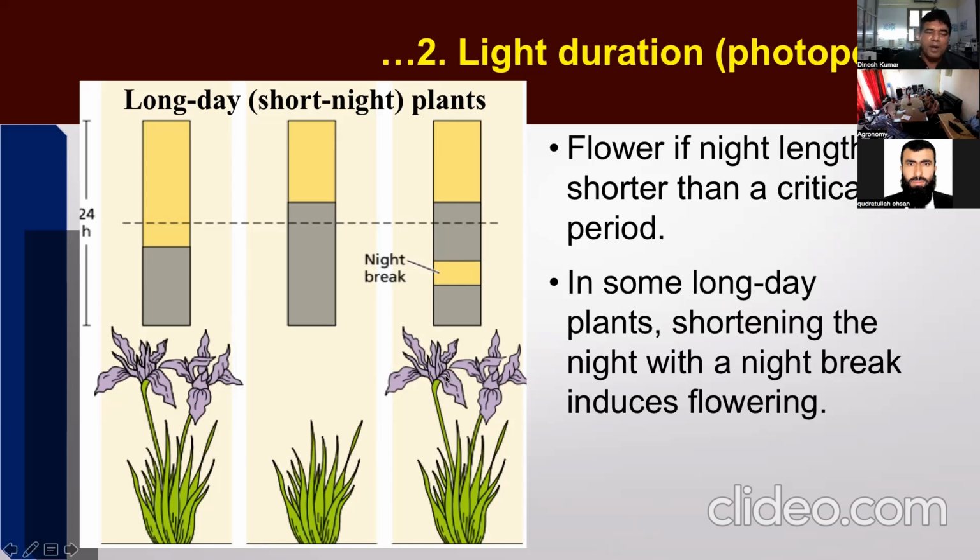So for the long day plant, if you get less light or more light, but the darkness period is continuous, you will get flowering. Second, if you give a darkness period more than required, then it will not flower. Third, the darkness period has to be shorter, and it will flower even if you give the night break. So this is how you divide long night plants and short night plants.